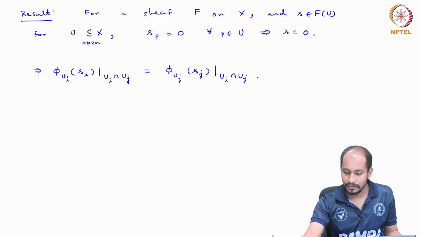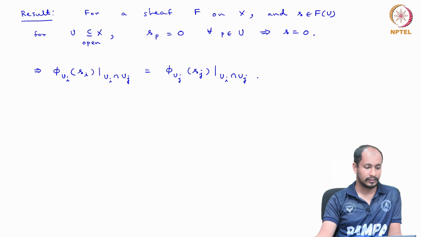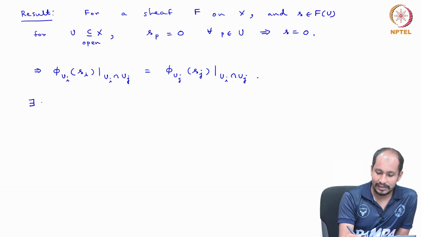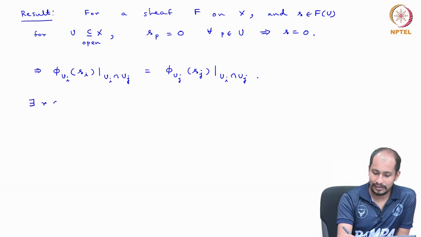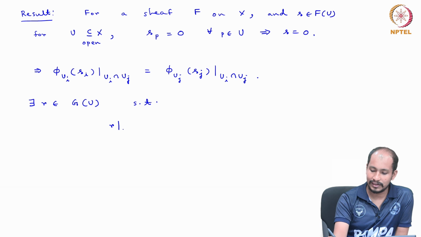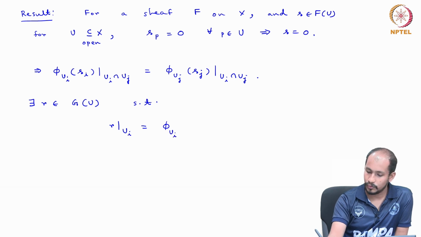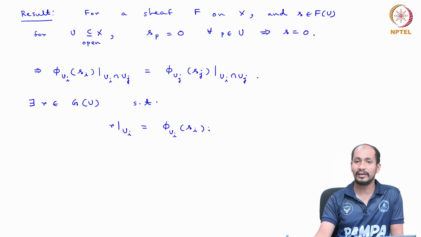So, now we can use the sheaf property. There exists an R inside GU such that R restricted to ui is equal to phi ui si.